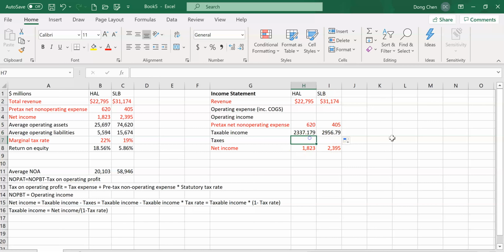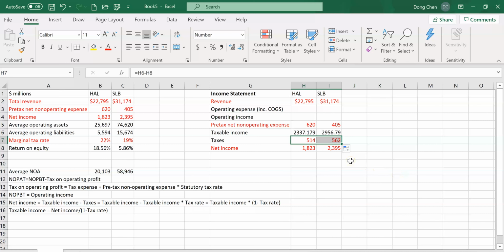And then taxes, now with the taxable income and net income, we can easily get taxes, right? Taxes is just the taxable income minus net income. And then you can pull the cell to the right to figure out the taxes for the other firm.